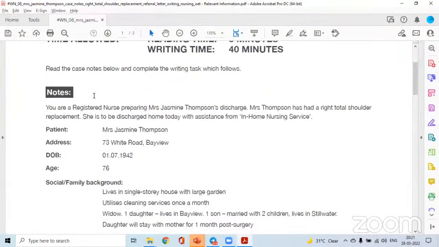Now just go through these points and analyze which is important.